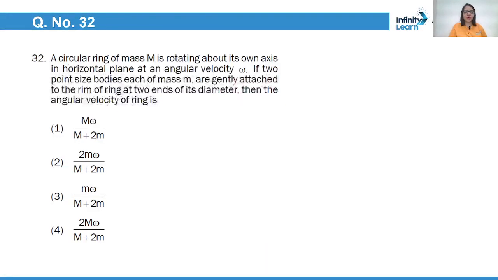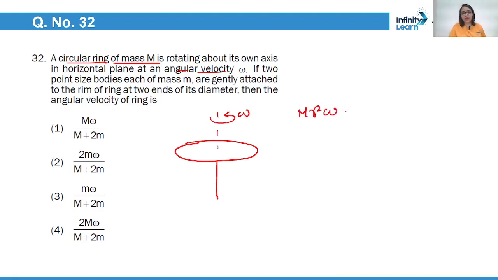Question number 32. A circular ring of mass m is rotating about its own axis in the horizontal plane at an angular velocity omega. So the initial angular momentum is I omega, which is m r square into omega. If two point-sized bodies, each of mass small m, are gently placed on the rim of the ring at two ends of the diameter, then the angular velocity of the ring is?